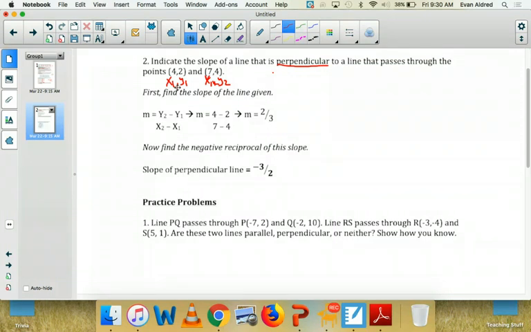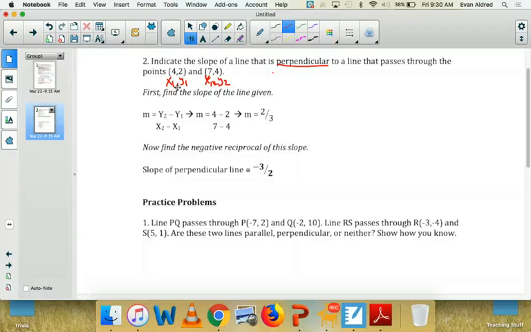I'll call (7, 4) my second point. And then we're just subtracting. So my y2 minus y1, well, y2 is 4, y1 is 2, and then we divide that by 7 minus 4, so we get a slope of 2/3, m equals 2 over 3. So we know that the slope of the line whose points are given is 2/3.